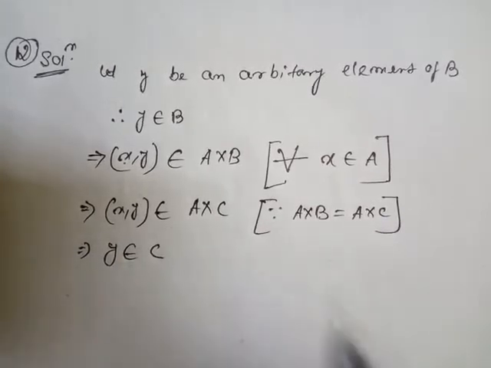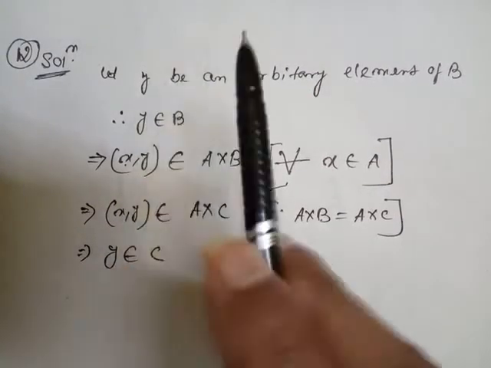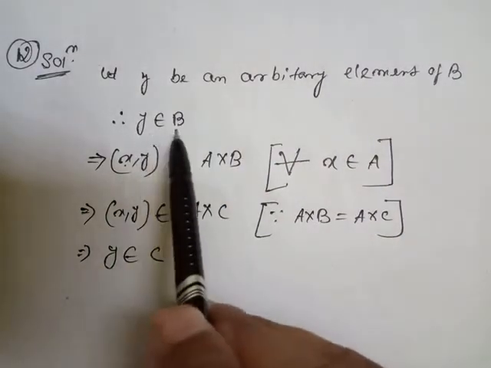I repeat again. Initially, we took y as an arbitrary element of B, meaning any element of B. Now y belongs to B. Okay.